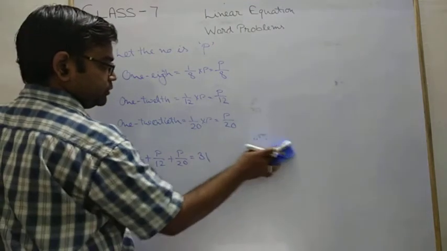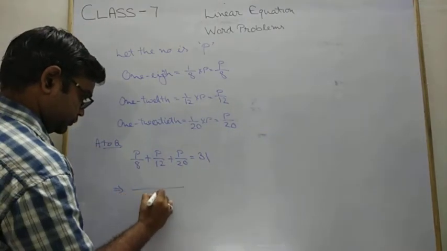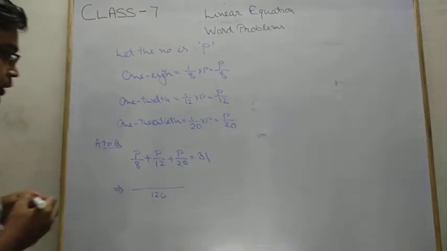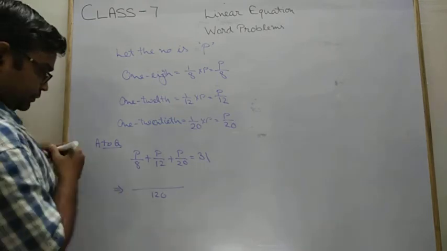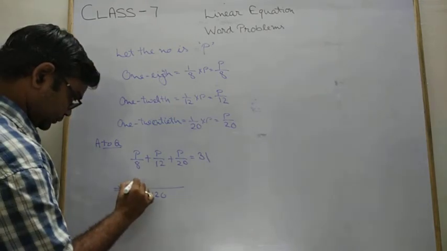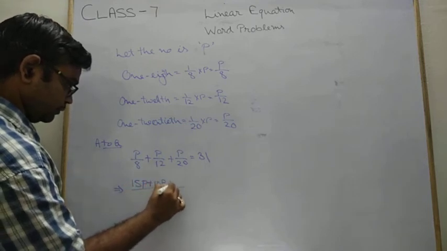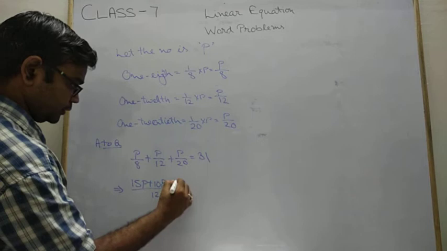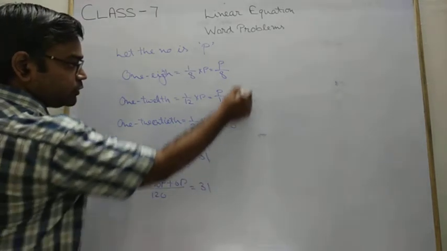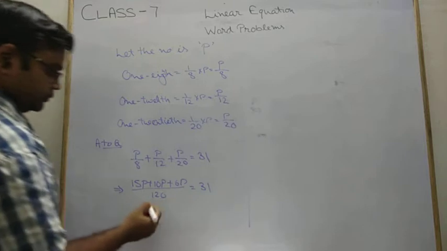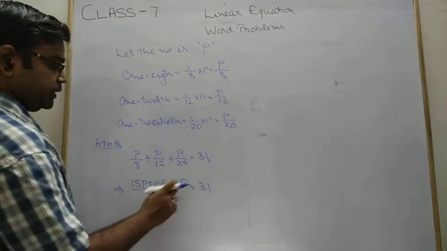So the LCM is 120. 120 means what? 8 15s are 120, so 15p plus 10p plus 6p equals 31. If we solve this side, what do we have? 15 plus 10 is 25, 25 plus 6 is 31.